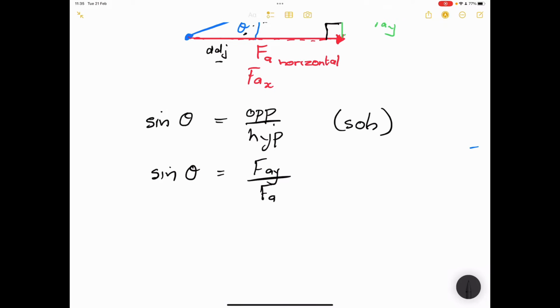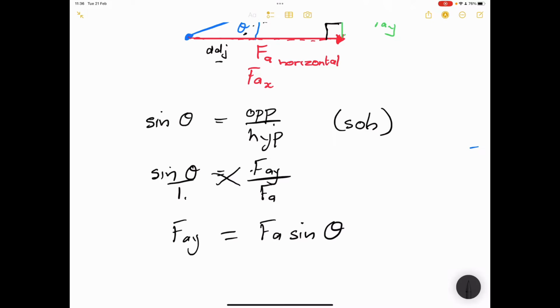So now let's do this. I'm going to write it as a fraction, so we can cross multiply. FAY multiplied by 1, which means the vertical component of the force FA is going to be FA sine of angle theta.